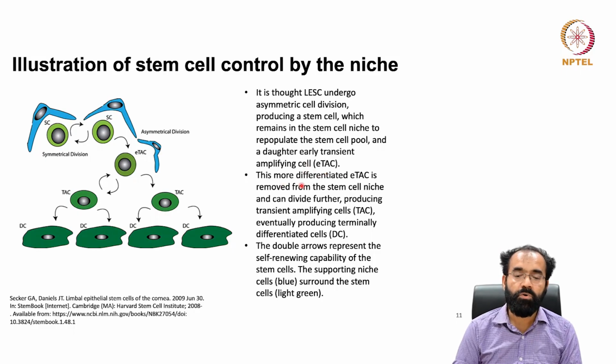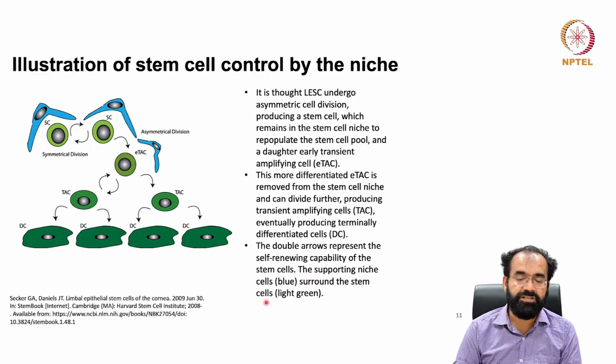So this more differentiated ETAC is removed from the stem cell niche, and it can divide further. It will continue to divide, producing the transient amplifying cell known as TAC. ETAC becomes TAC, eventually producing the terminally differentiated cells known as DC. So the double arrows, what you can see in this picture, represent this self-renewing capability of the stem cell, that is a recycling kind of arrow.